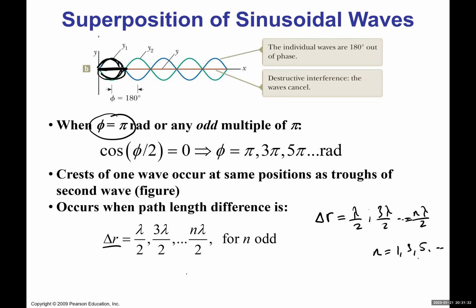All right, so what this represents is when you have source 1 and you have source 2. Let's say you have some position that you're considering, position P, and when the waves reach that position, this is R1, this is R2. If you do R2 minus R1, you don't get an integer.